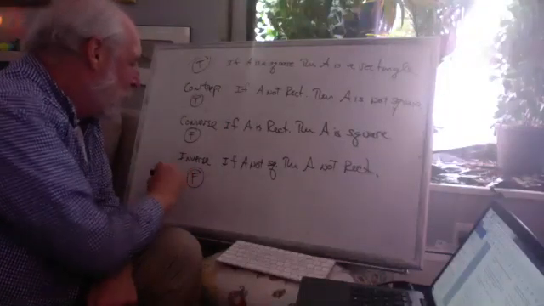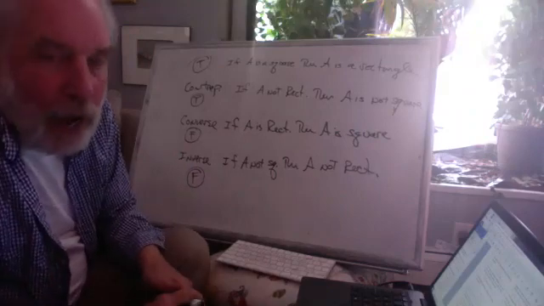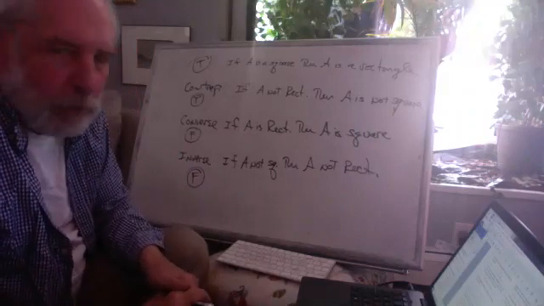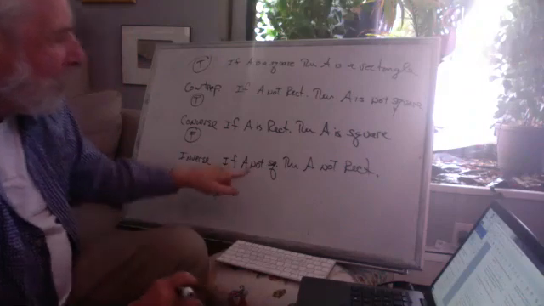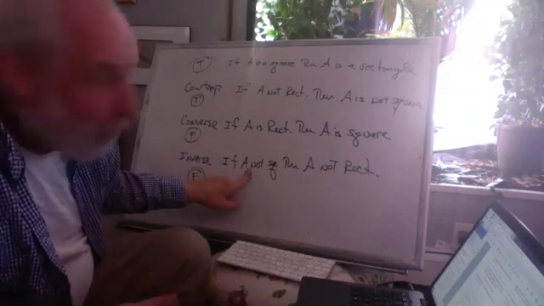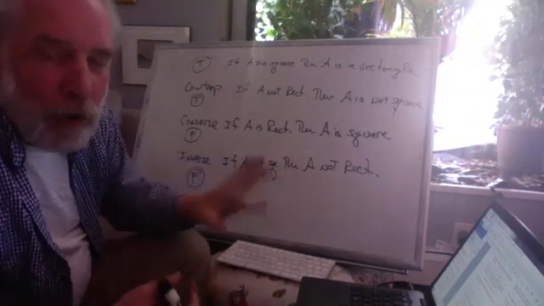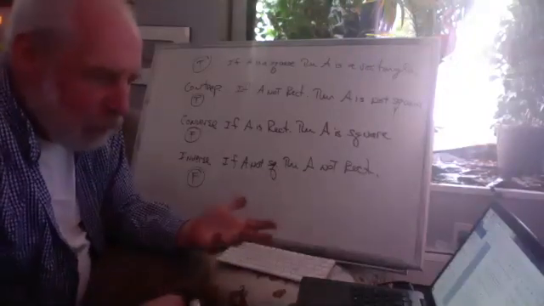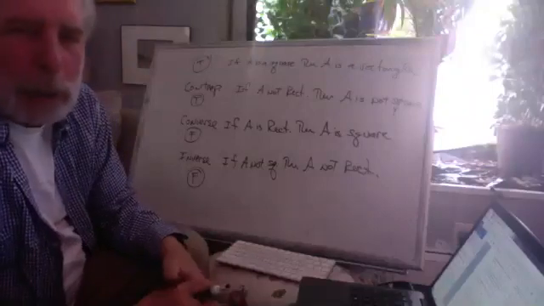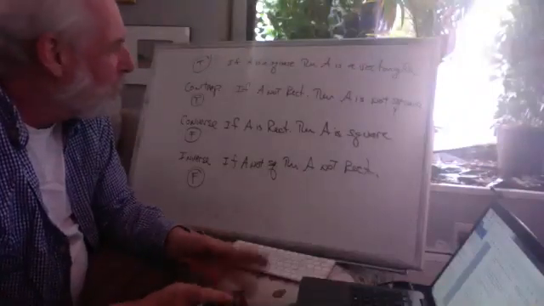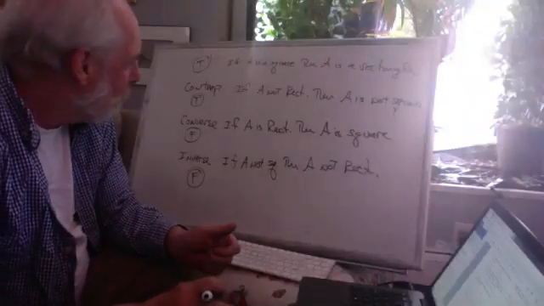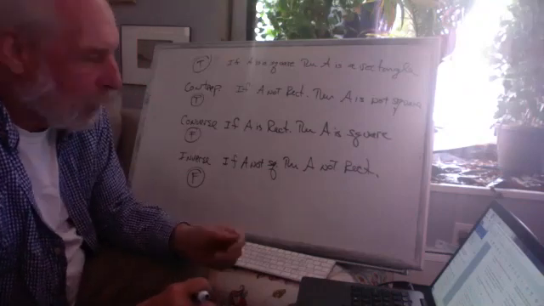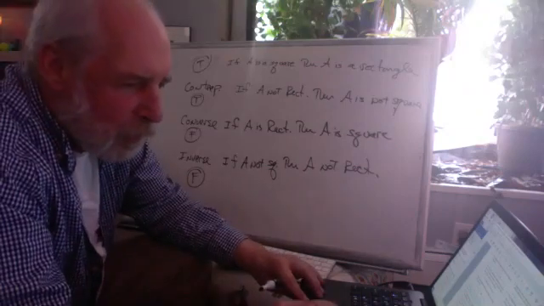But since we don't know without any other information, we cannot assume that that's true. If A is not a square, A could be a triangle, which would make it not a rectangle, but we don't know. So in the absence of other information, we have to declare that that statement is false. It takes a little practice on these to get good with them, and that's what your homework is going to be tonight.